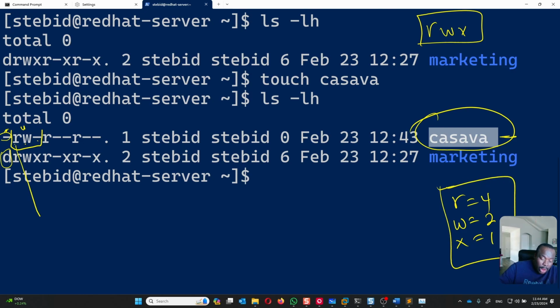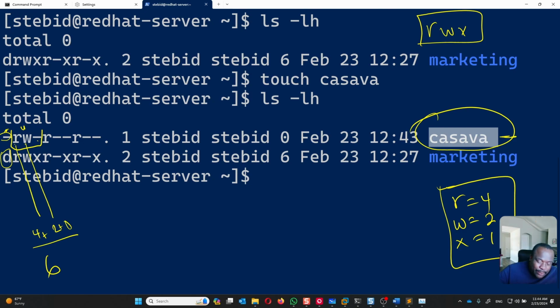What is the value for read? It's 4, and write is 2, and execute? It's just a minus. There is nothing there. If there was an execute, you would see an X here. But there is no X, so there is no execute permission. There's just a minus, meaning there is no permission. When there is no permission, it means 0. So 4 plus 2 plus 0 is equal to 6.